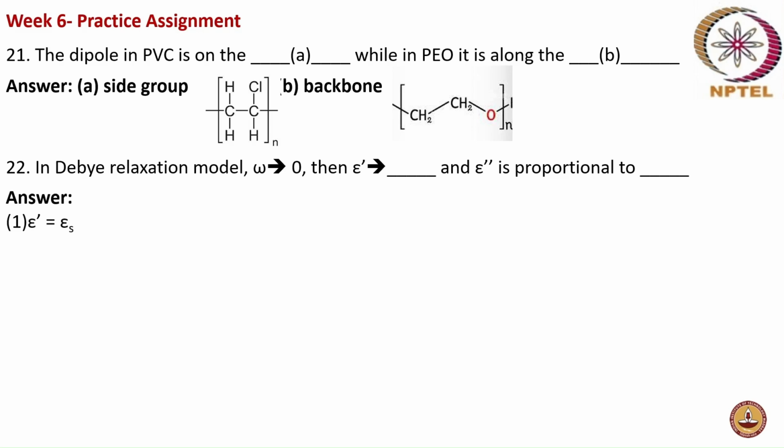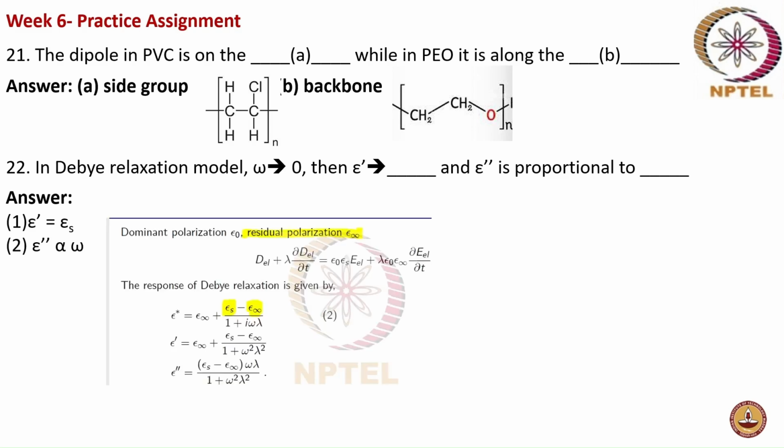See, as you said, when omega tends to 0, your dielectric permittivity will be maximum, which is epsilon s, and your dielectric loss will be proportional to frequency. So this is how it is.